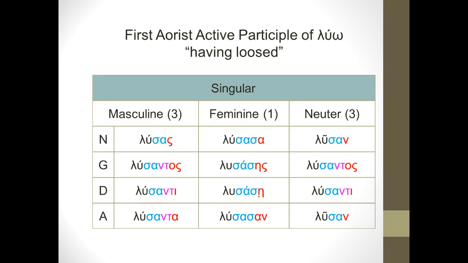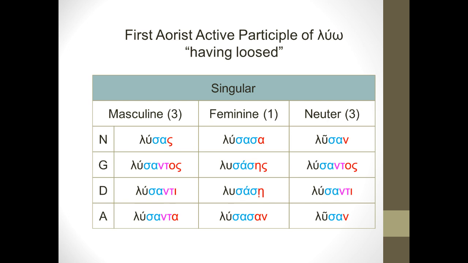Looking at the first aorist active participle in the singular, notice again that just as we saw in the present active participle, we have our masculine, our feminine, and our neuter across the top. Again, that 3-1-3 pattern: third declension, first declension, third declension. And then down on the left, we're following all of our cases: the nominative, the genitive, the dative, and the accusative.